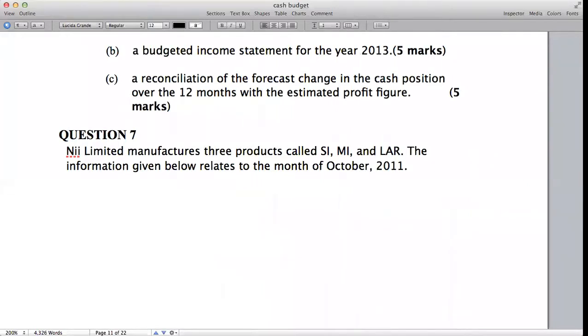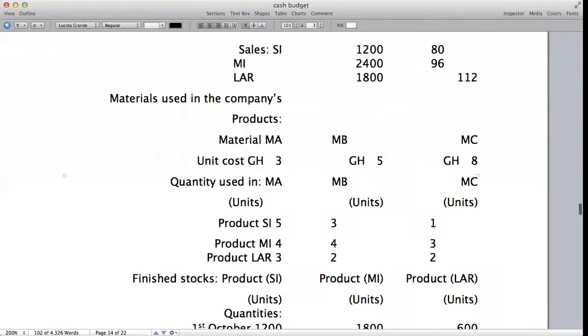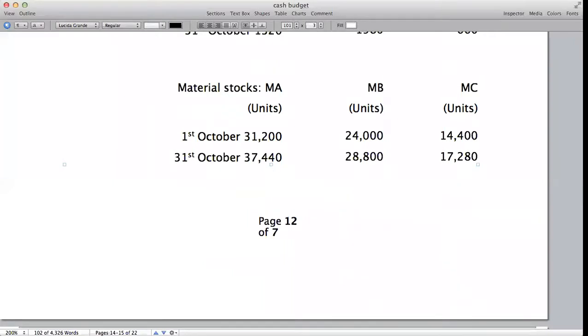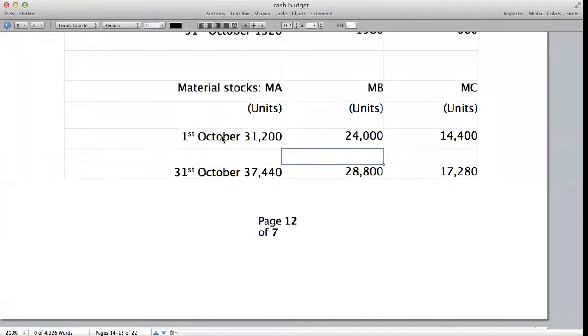So that's similar. The information given below relates to the month of October 2011. So this is the information, the one that you have here. Good. So let's see.